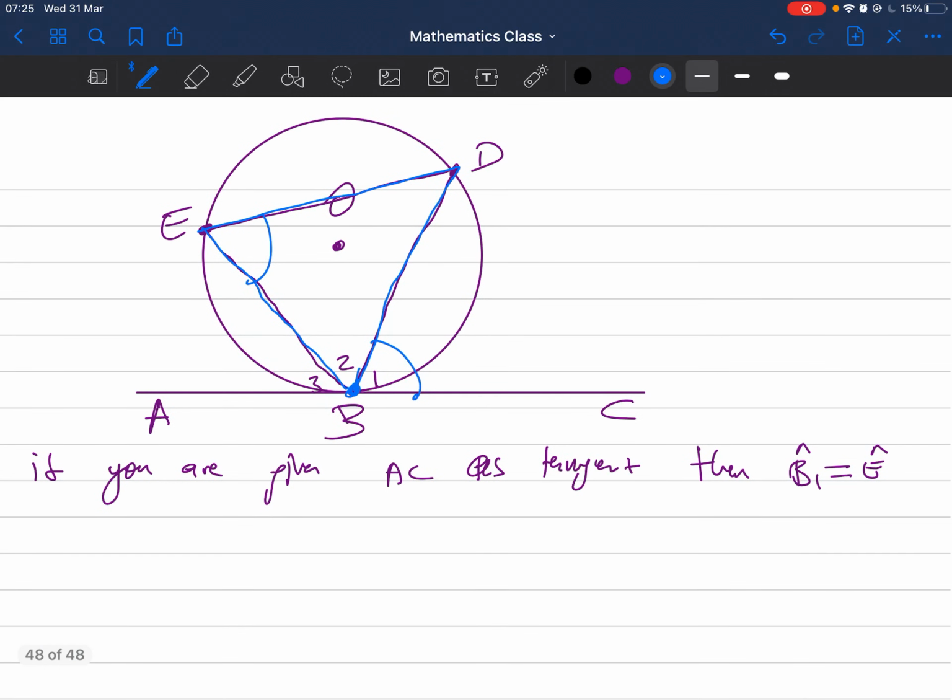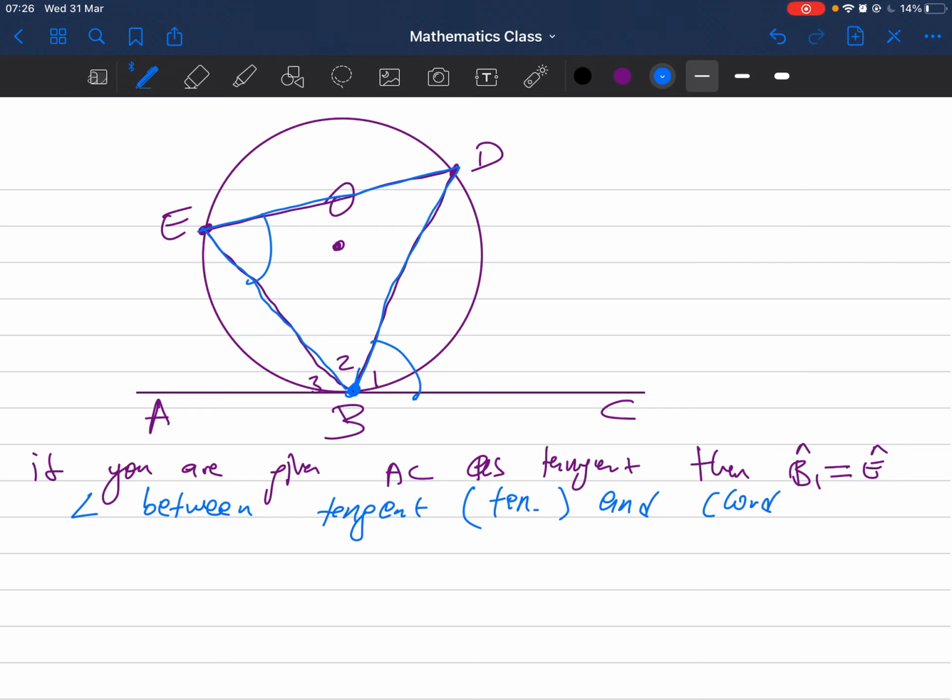This is a theorem, and the reason why is, let me give you a nice reason. They say it's an angle between a tangent. Others just write tan, which is okay, and a chord.